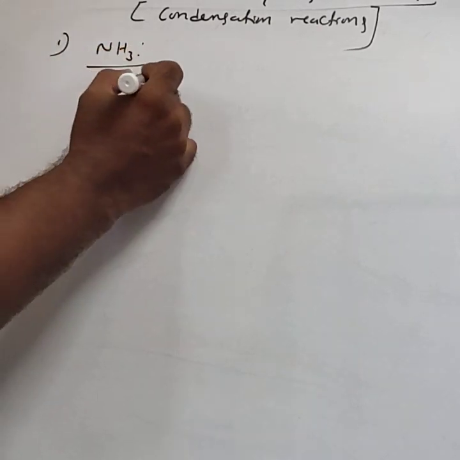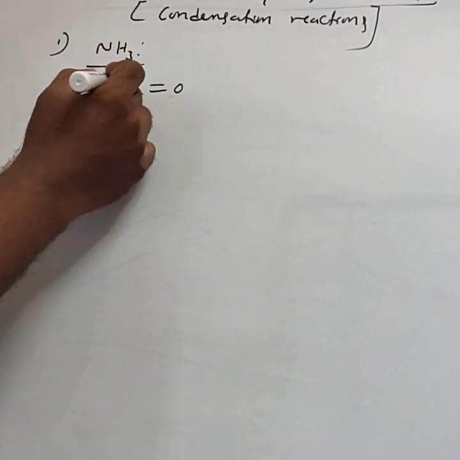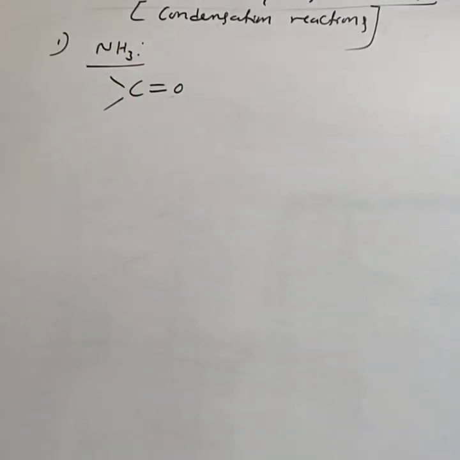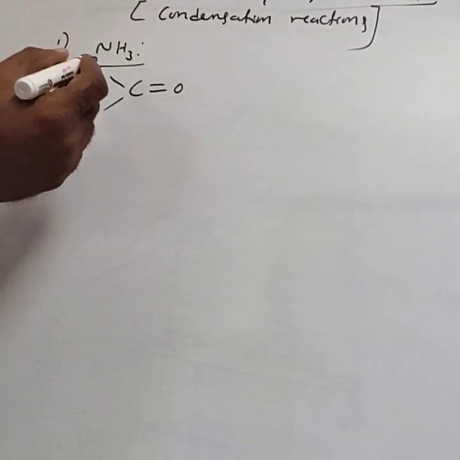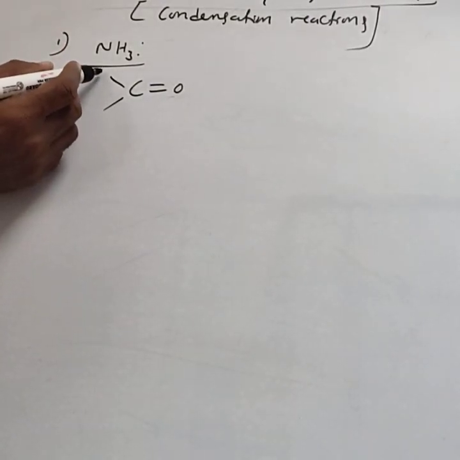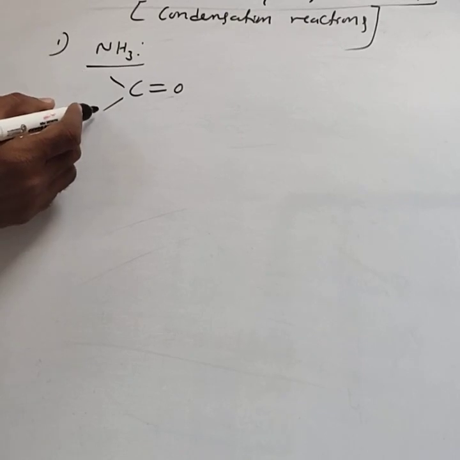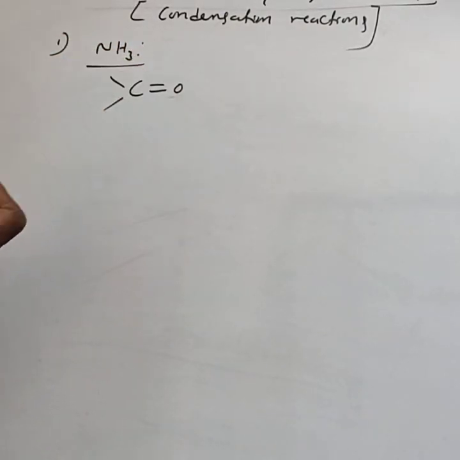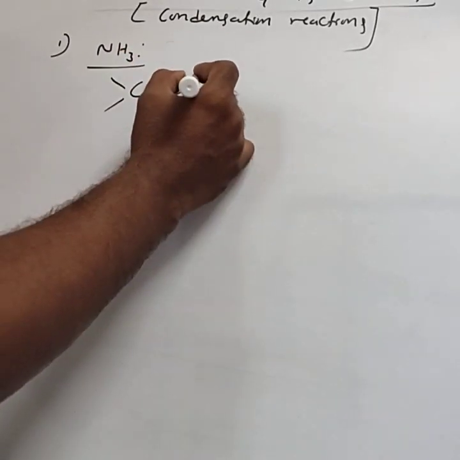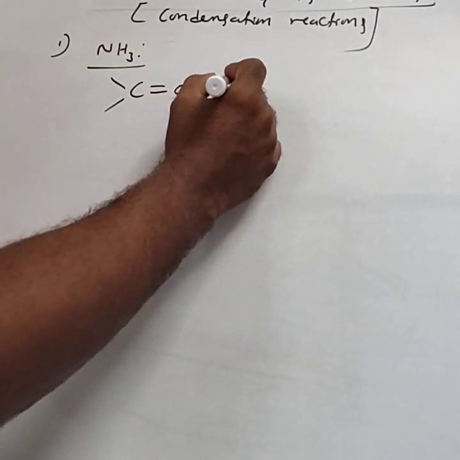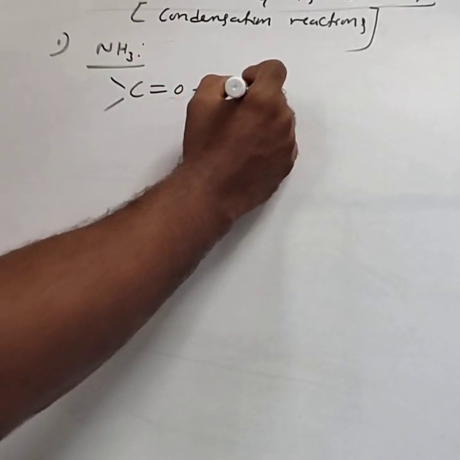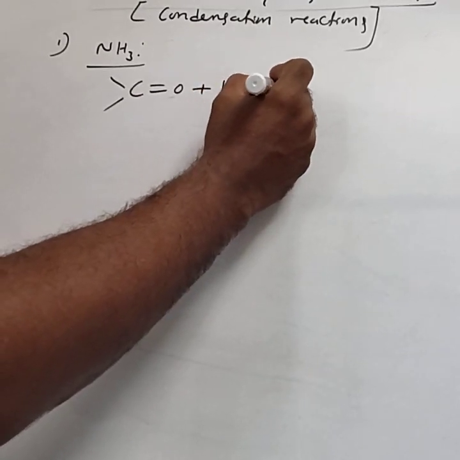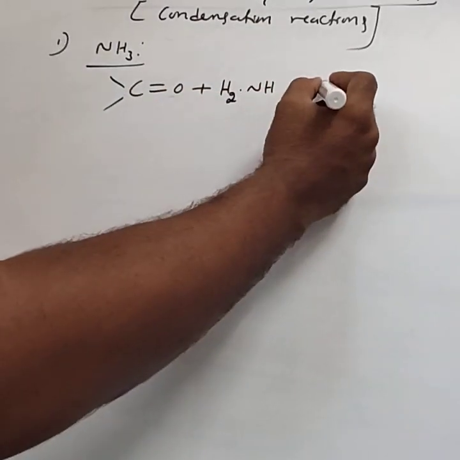Consider the carbonyl compound C=O. If they mention an aldehyde, then one valency is H and the other valency is R. The carbonyl compound reacts with ammonia, for our convenience I am considering H2NH.